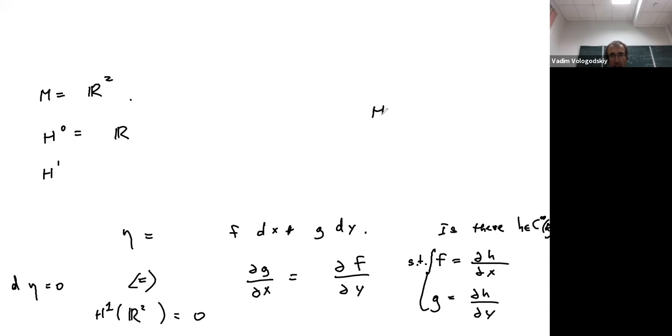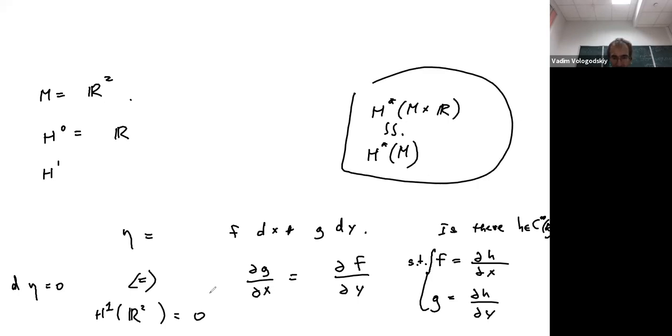So in particular, H1 of R2 is the same as H1 of R. But you can, as a very good exercise, try to find the direct argument for R2. Just construct h explicitly using some kind of integration.